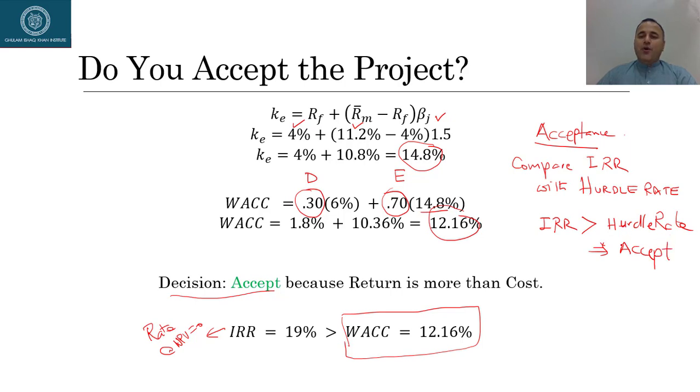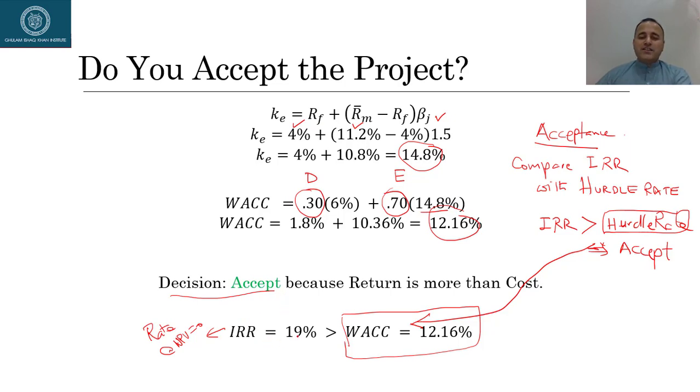Now, I'm sure when I was teaching chapter number 13, the first thing which might have come to your mind was, how do we actually set up the hurdle rate for a project? So this is actually the hurdle rate. This is the way we calculate the hurdle rate for a company, and of course for each project we have IRRs, and we calculate IRRs based on the discounted cash flow model.